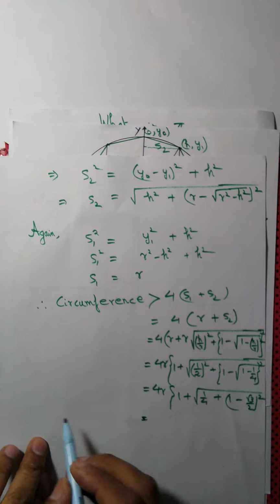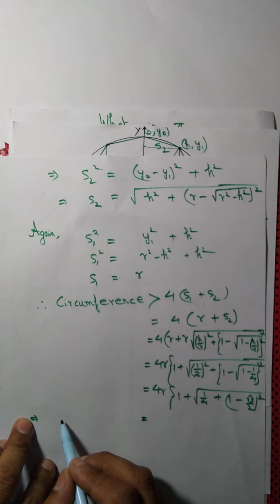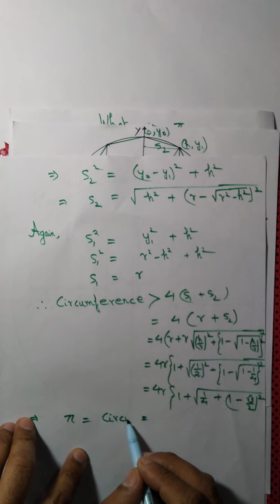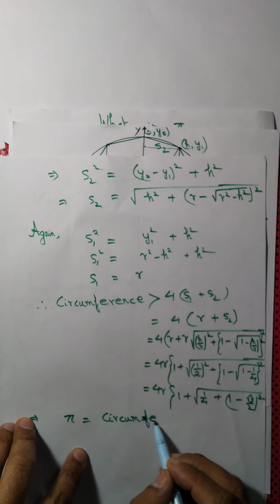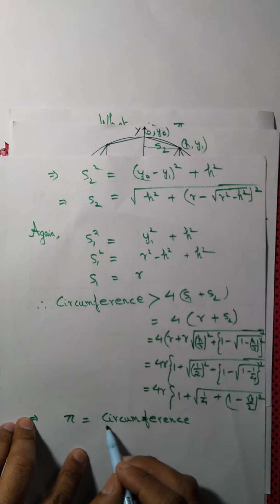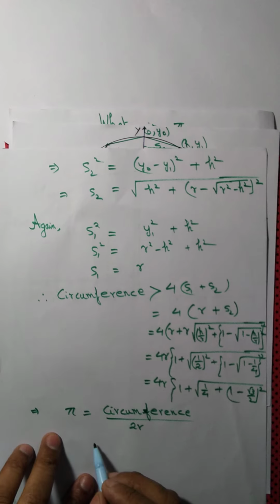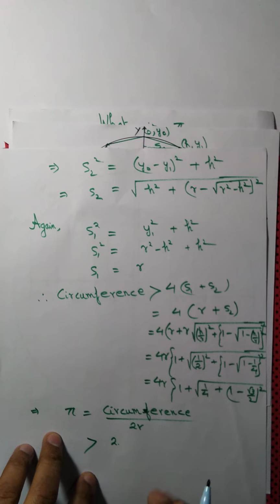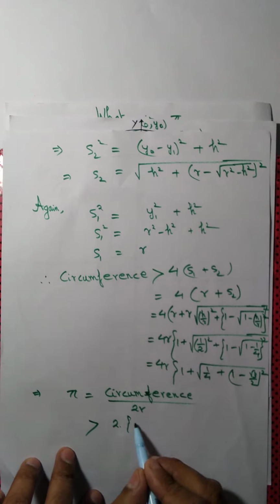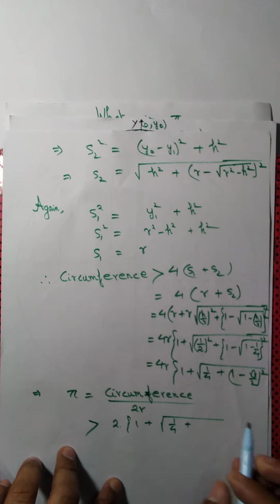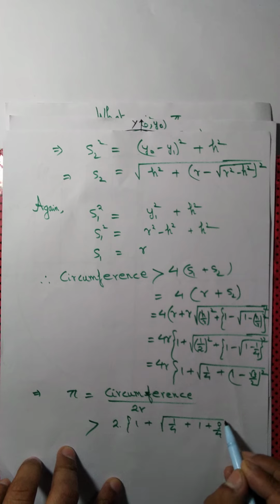Now this implies pi. What is pi? Equal to circumference divided by 2r. Diameter is twice the radius, and that is greater than, because circumference is greater than this number, 2 into 1 plus square root of 1 by 4 plus 1 plus 3 by 4 minus 2 root 3 by 2.